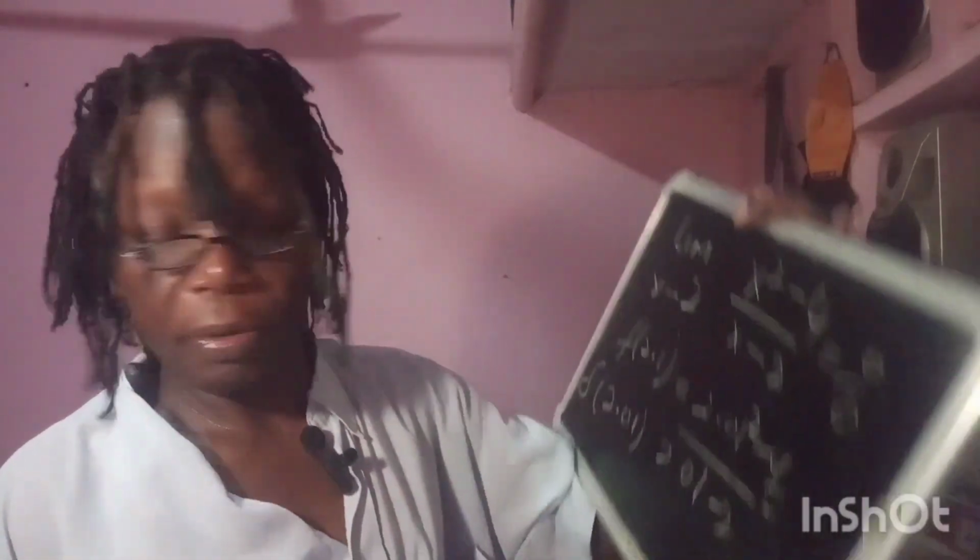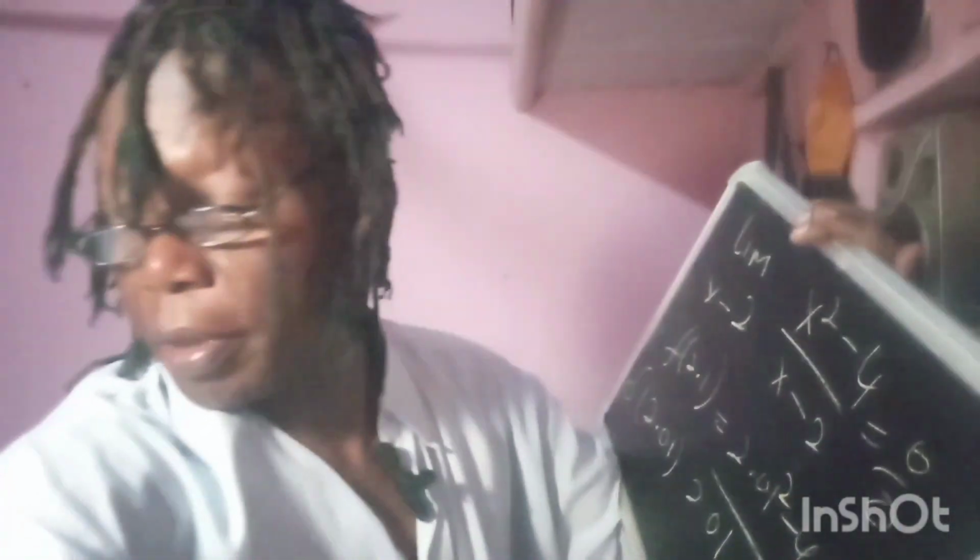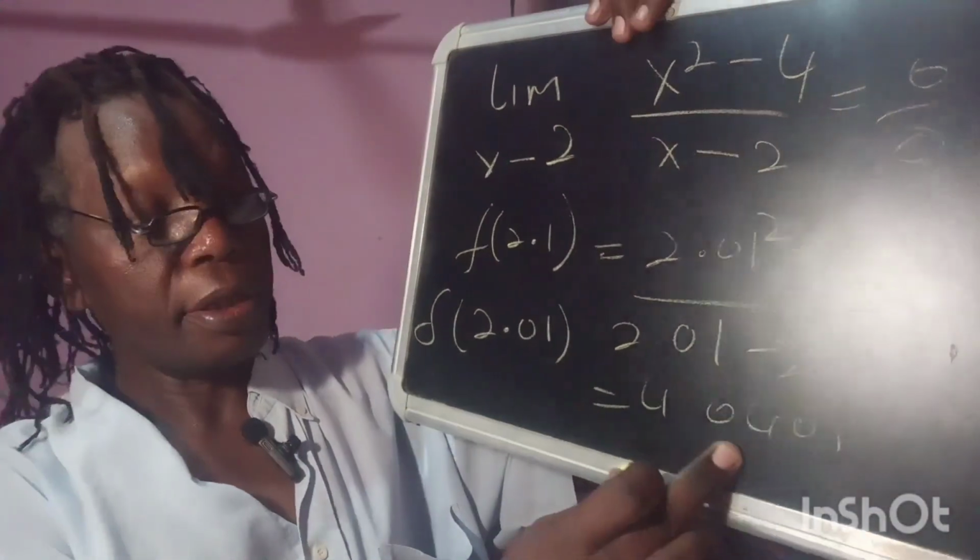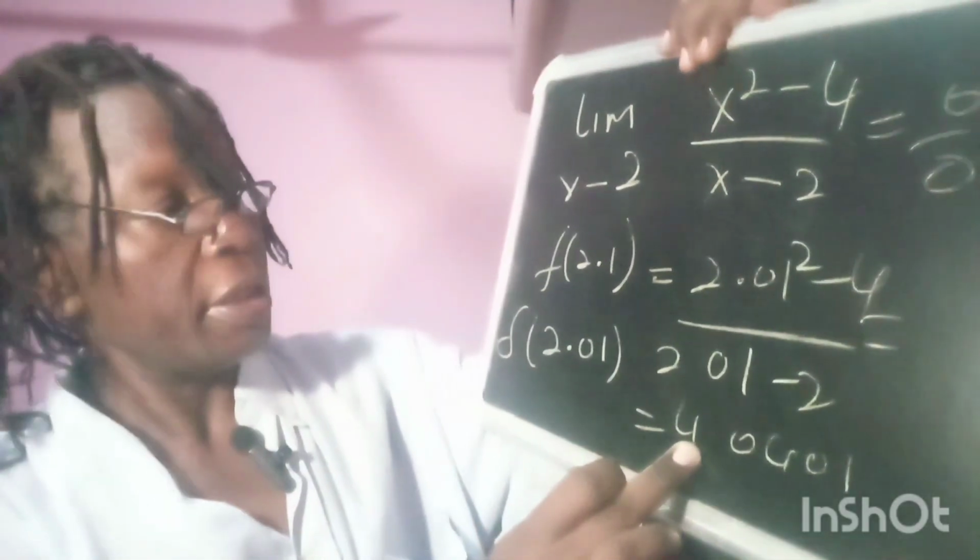We have 2.01. You can tell that I'm not very comfortable with where I am, but we can do it anyway. So 2.01 times 2.01 is going to give you 4.0401, and you can round it up. You see it's getting closer to 4.